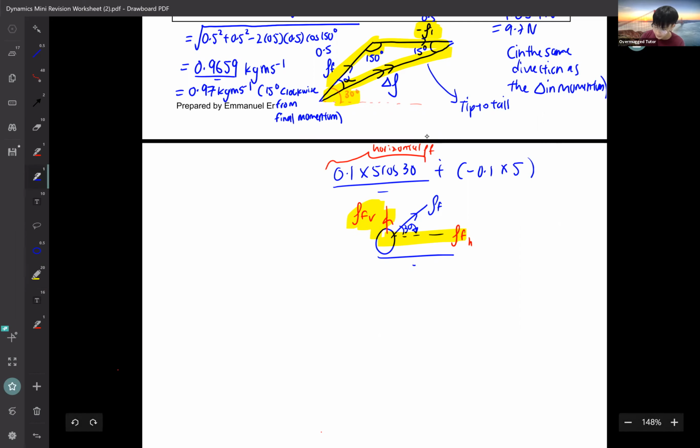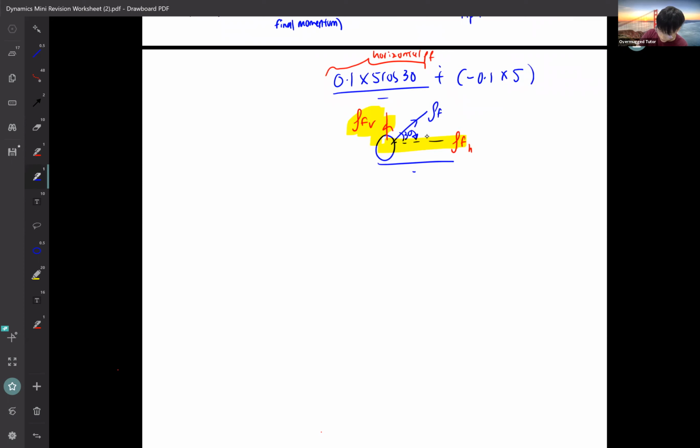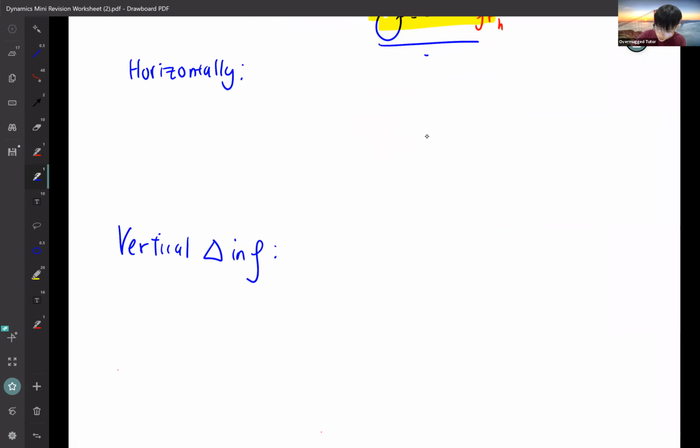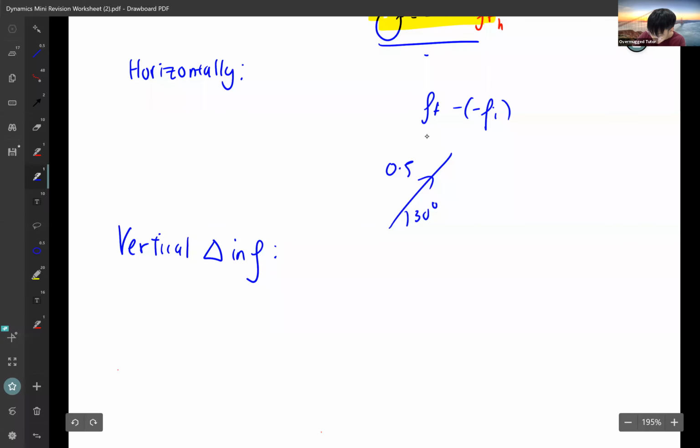If you wanted a more precise one, you would find the total horizontal change in momentum, and then find the vertical change in momentum. After that, you add these two together using Pythagoras' theorem. That's it really. So if I were resolving this again, the change in momentum is rho F minus rho I. Rho F looks like that, this is 0.5, and this was 30 degrees.